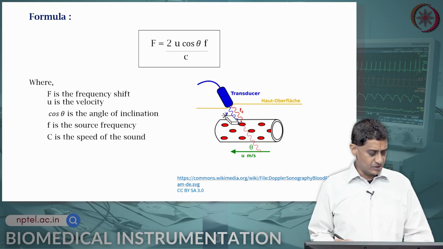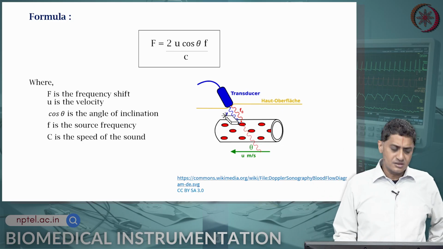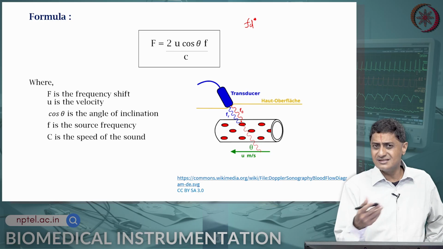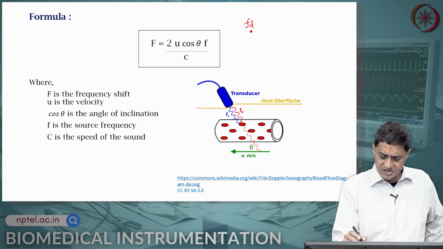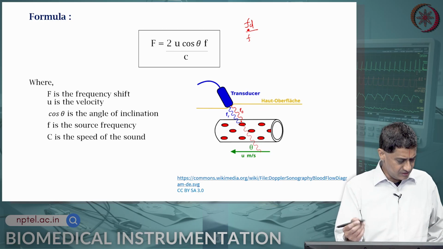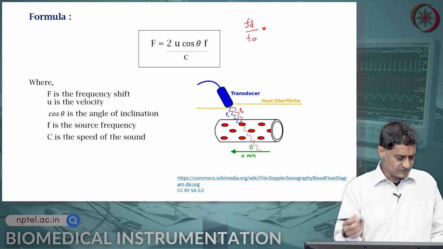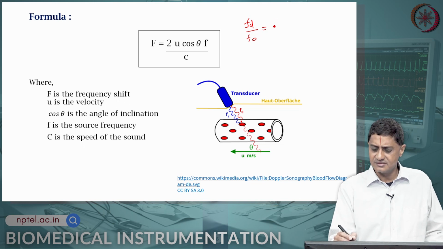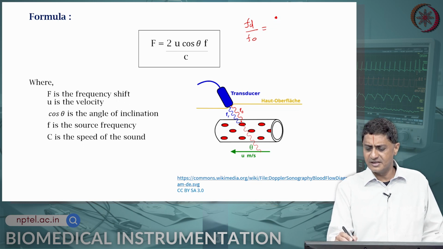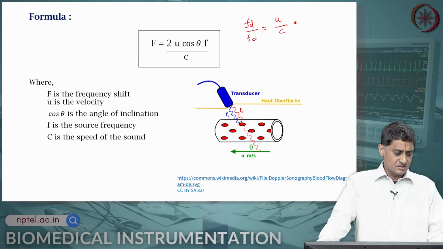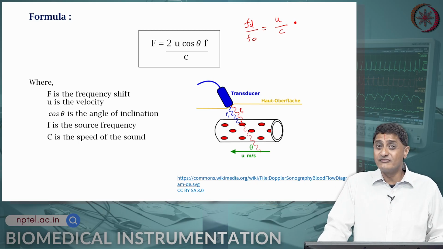Before we go to this formula, let us look at something else. Essentially, the principle is the following: the Doppler shift FD divided by the source frequency FO can be related by their respective velocities.